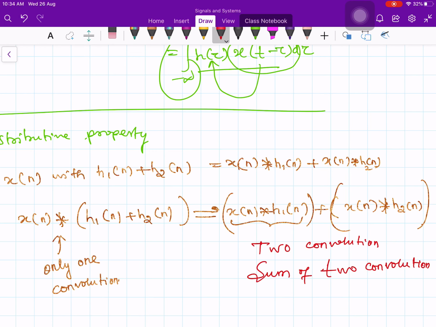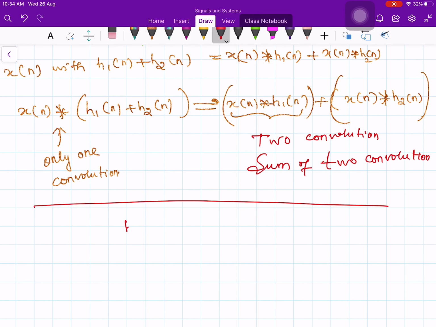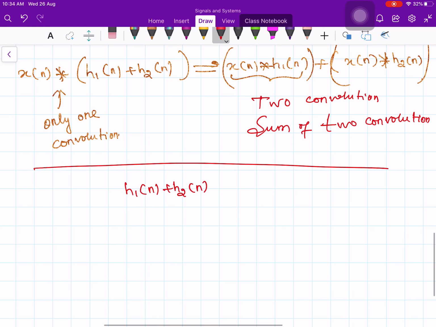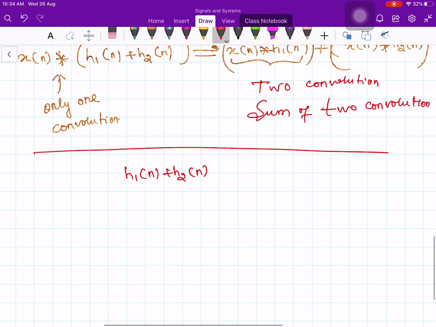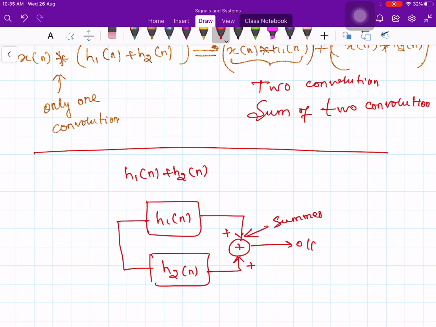Now let me give a little more interpretation of this property. If I say h1 of n plus h2 of n, this is equivalent to two systems connected in parallel, h1 of n and h2 of n. The output is given to the summer, the adder, with plus at each input, and this is the output y of n, with input x of n.